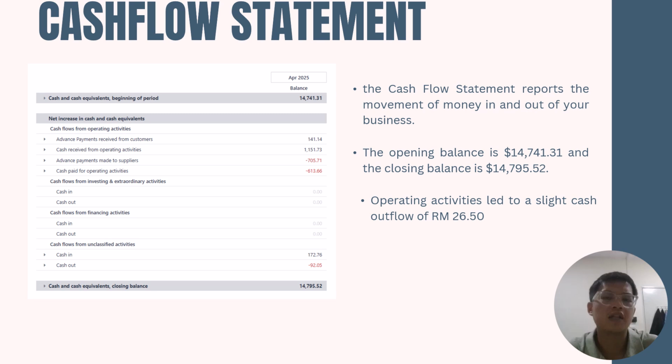After all cash movement, the business ended April 2025 with a closing cash balance of about 14,795 and 52 cents. This reflects a slight increase from the beginning balance, showing a healthy liquidity position. So the company is managing the cash flow very well, with enough inflow to cover expenses and maintain a strong cash position.